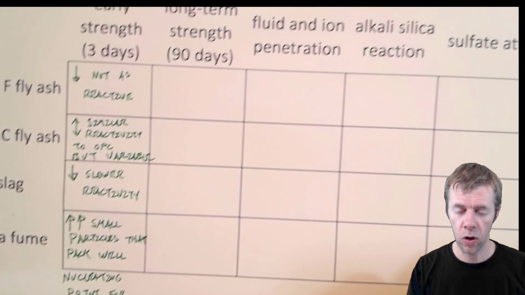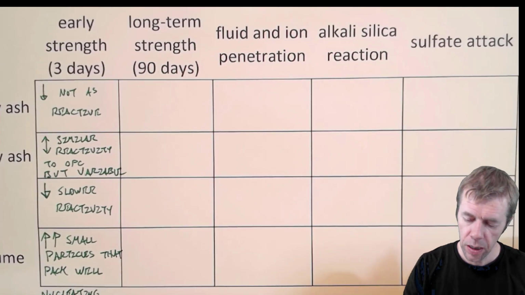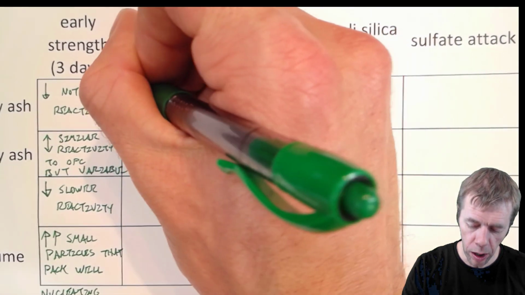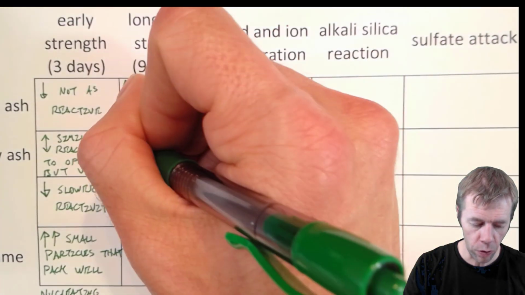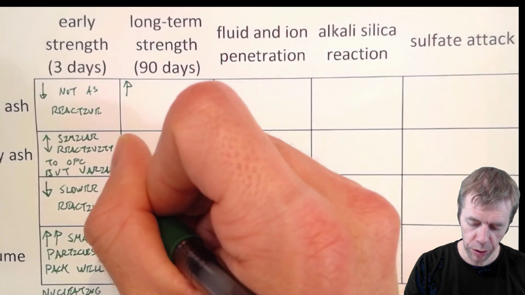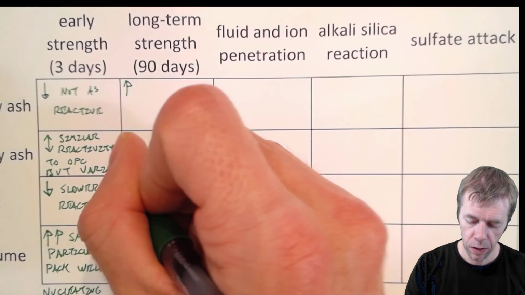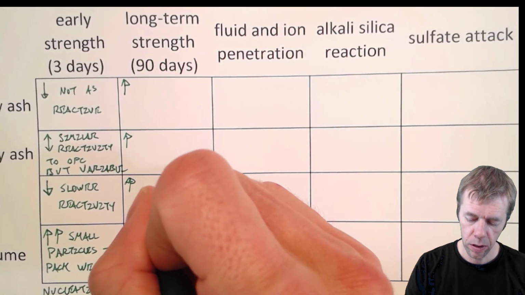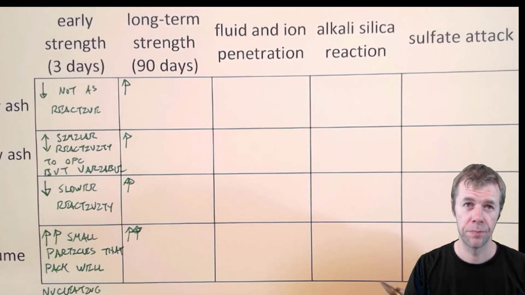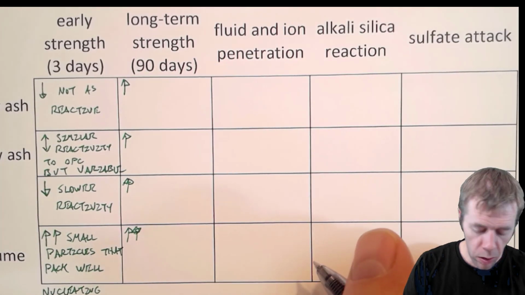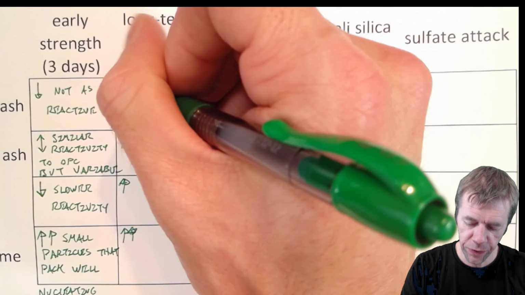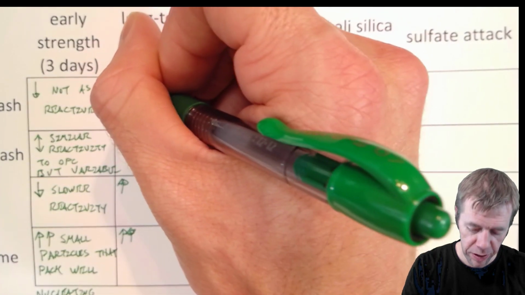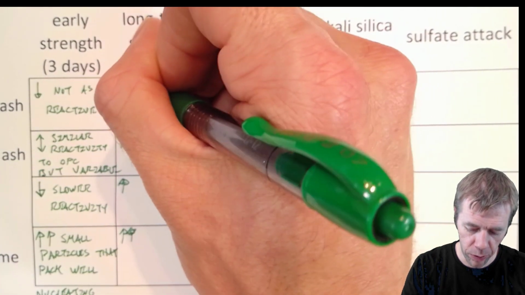Let's talk about these long-term strength gain now. Now, the long-term strength gain is going to go up here. It's going to go up here. It's going to go up here. And it's going to go way up here. Why is that? Well, first of all, for Class F fly ash, we have a pozzolanic reaction.